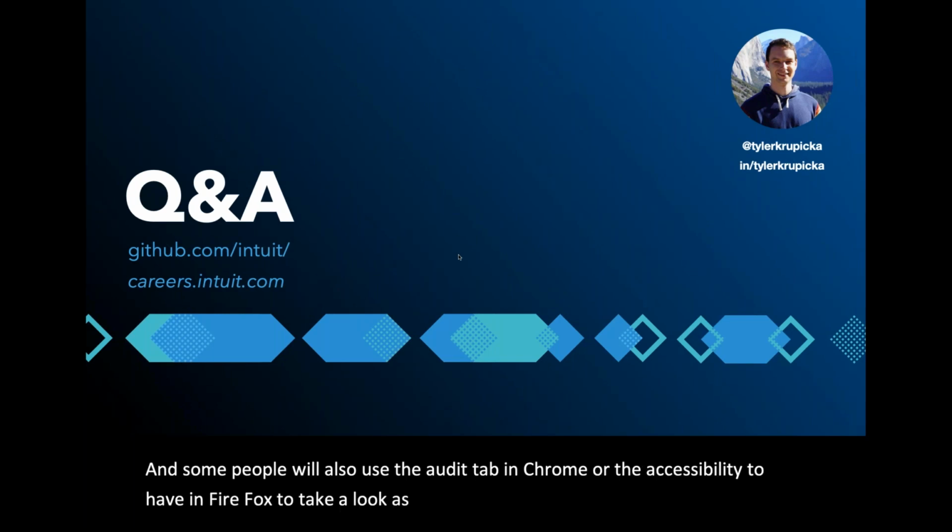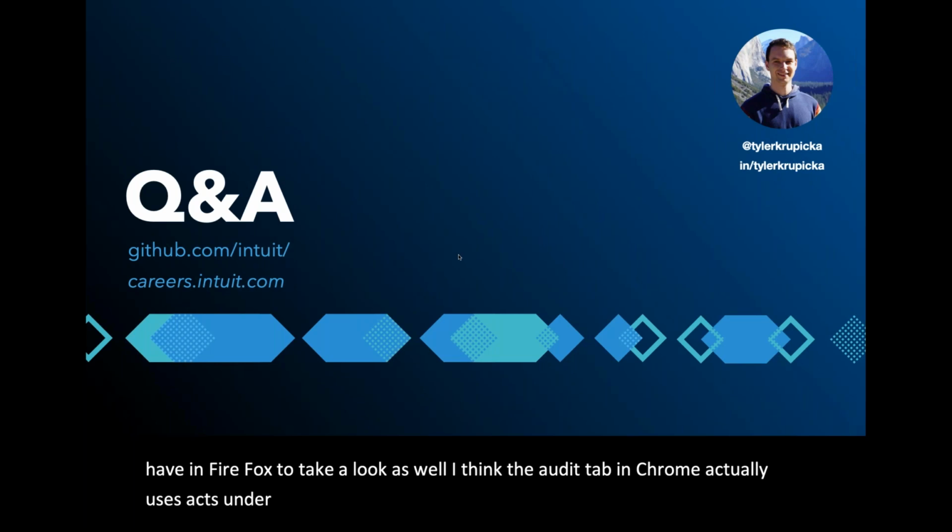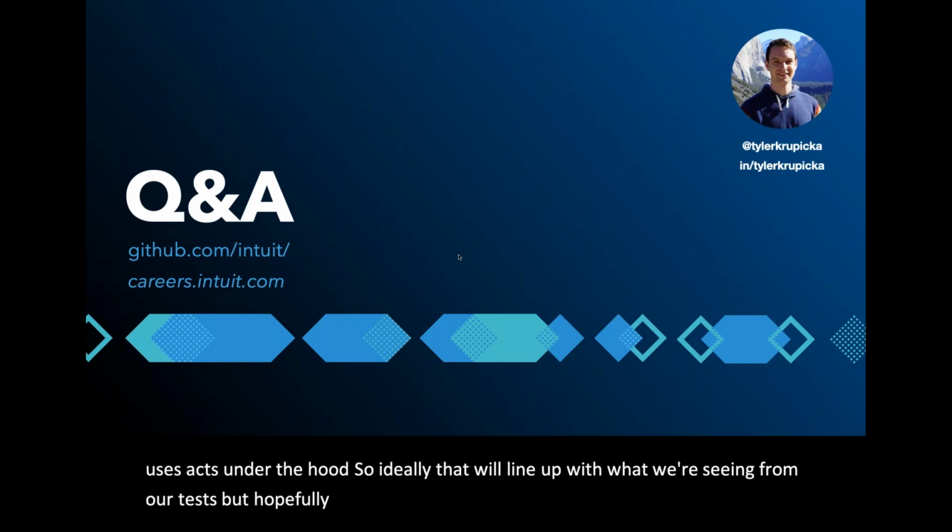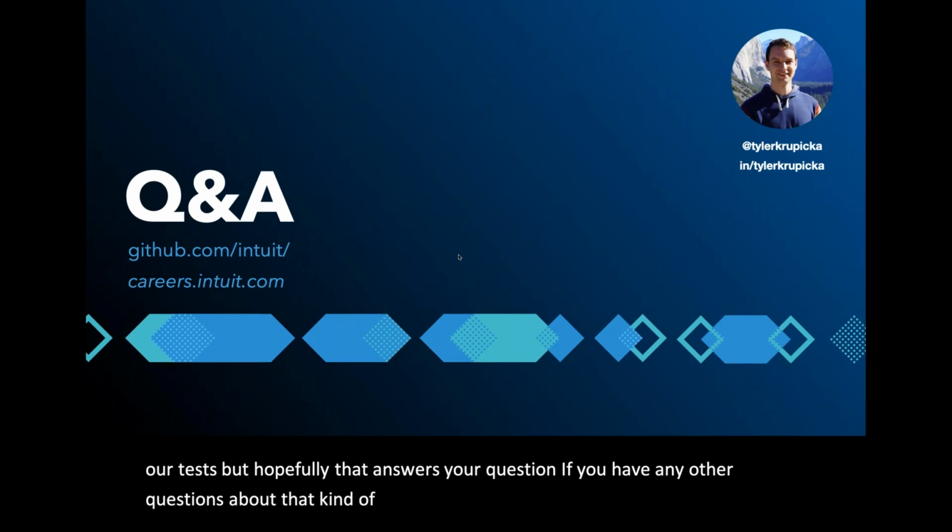I think the audit tab in Chrome actually uses Axe under the hood, so ideally that will line up with what we're seeing from our tests. Hopefully that answers your question. If you have any other questions about that kind of stuff, I'm happy to answer it here or on Twitter as well.